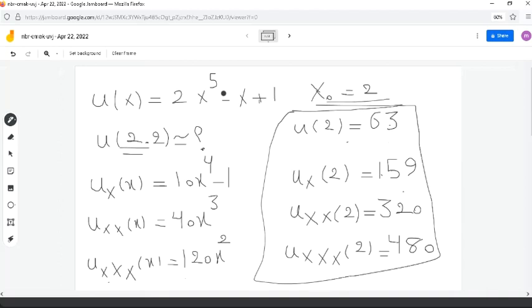We should use this formula for the exact solution, okay? And we put x equal 2.2. When we replace x by 2.2, and then the computing, we obtain the exact solution.